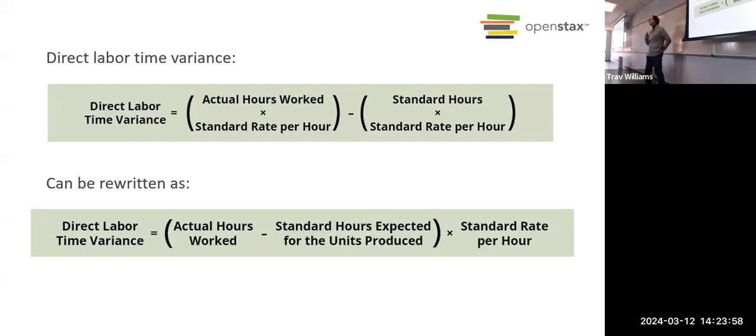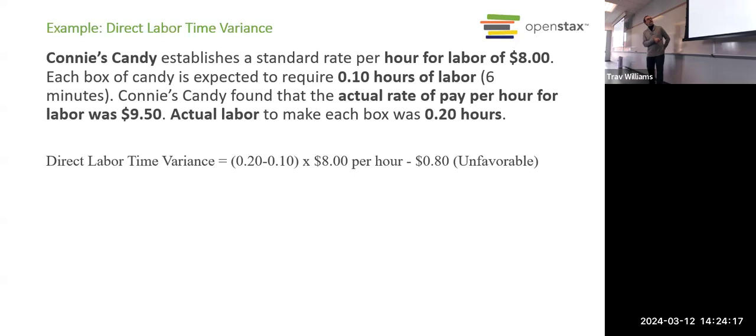Time variance is like the quantity variance. Same concept from materials, we're just, instead of quantity, we're calling it time. So we're taking actual hours times the standard rate minus standard hours times the standard rate. Same data here.